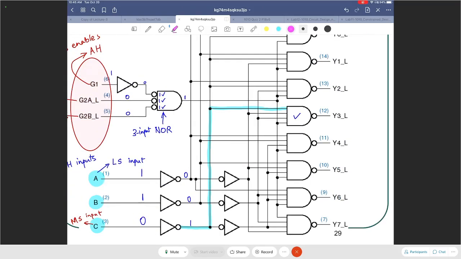Next, you have this guy coming from here. And the next one is coming from here. Now, as long as it is enabled, so let me use a different color for enable. That is enable.